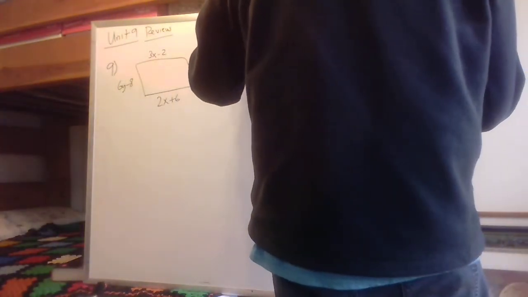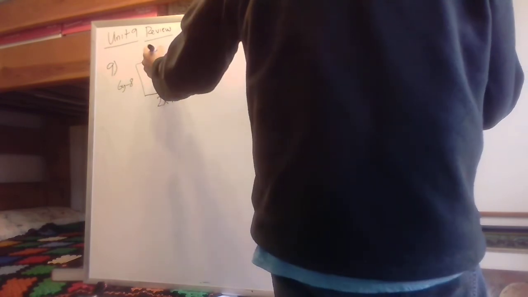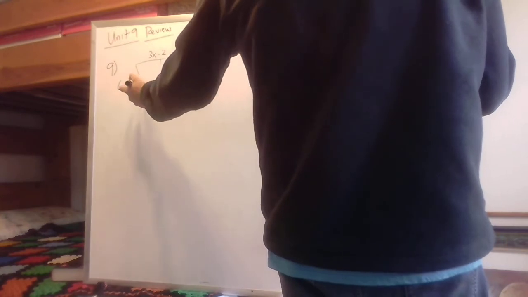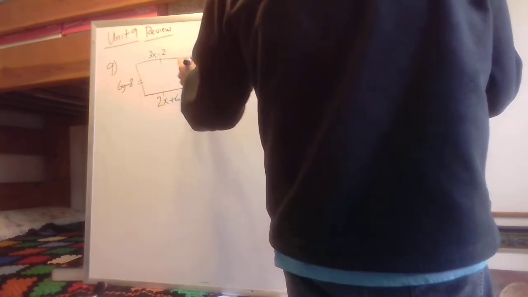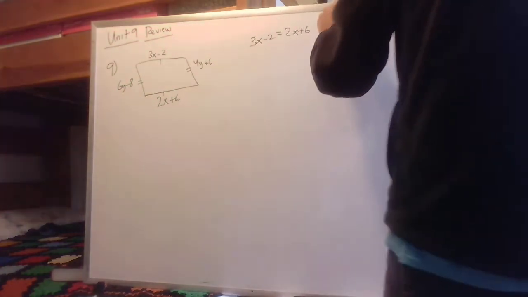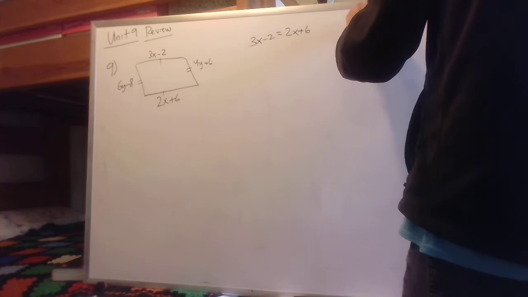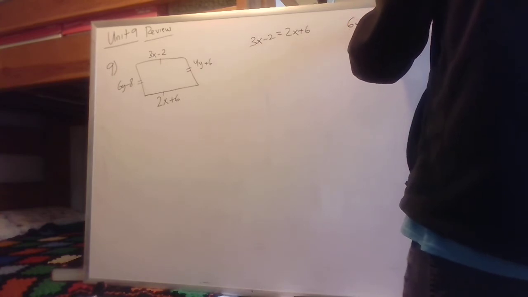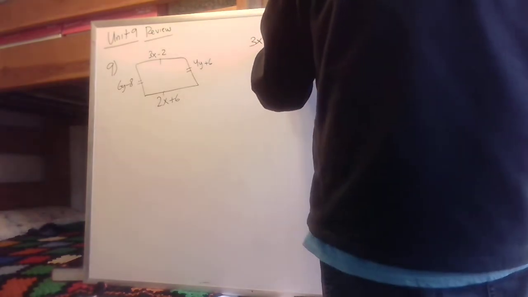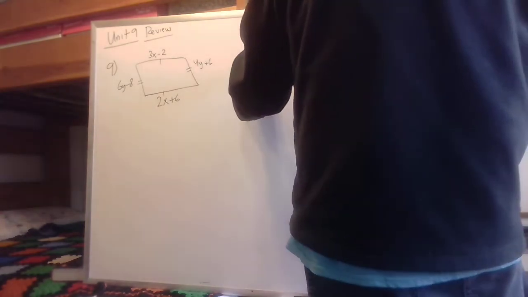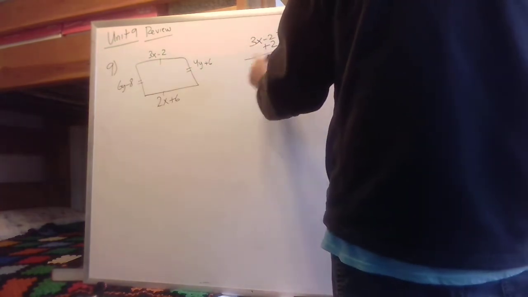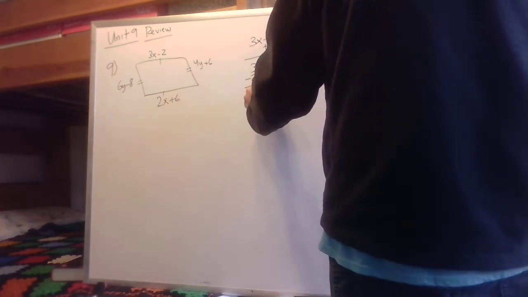So in order to solve for the variable, since these are opposite sides in a parallelogram, essentially they're congruent. So that means we could set 3x minus 2 equal to 2x plus 6 and solve, and also 6y minus 8 equal to 4y plus 6 and solve for y. So I'm going to add 2 to both sides, and I get 3x equals 2x plus 8, and I'm going to subtract 2x, and I get x equals 8.